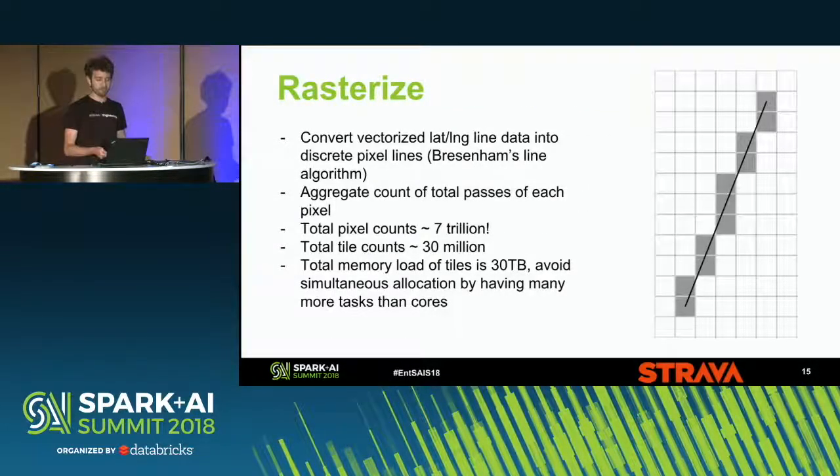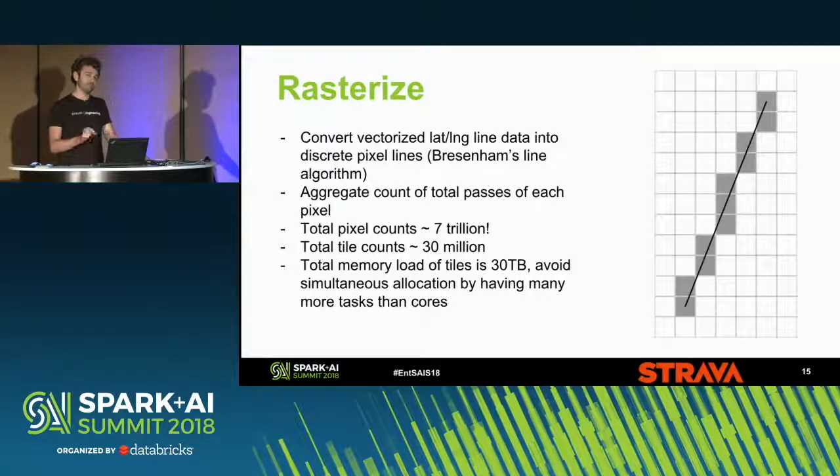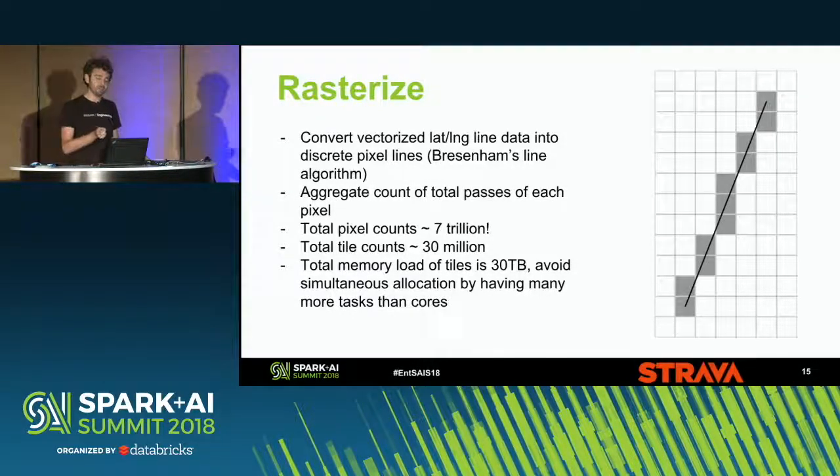And so to actually rasterize the data, we're taking an array of basically vector data, because the GPS points come with double precision. And then we're going to discretize this by drawing which pixels the paths cross over.